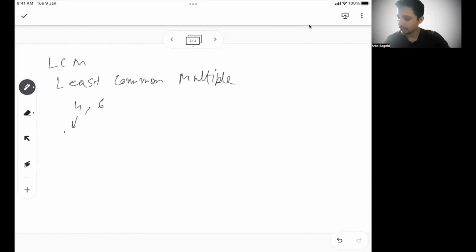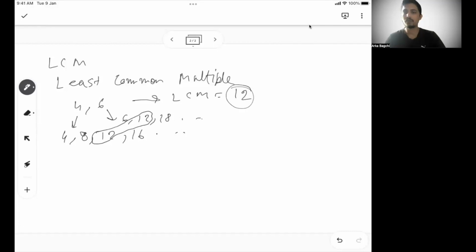What are the multiples of 4? 4, 8, 12, 16, and so on. And what are the multiples of 6? 6, 12, 18, and so on. So I can see that 12 is the least common multiple between 4 and 6. So the LCM of 4 and 6 is 12.